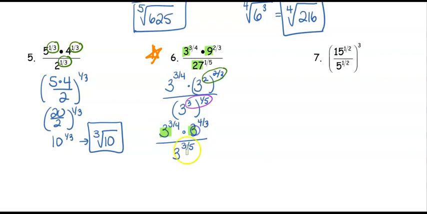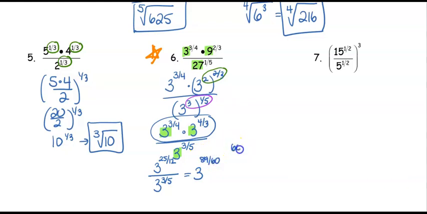Now they all have the same base. So on top, I'm multiplying like bases, which means I'm adding the exponents. When I add those exponents, I end up with 25/12. Now that I have the same base that I'm dividing, I'm going to subtract the exponents. 25/12 minus 3/5 is 3 to the 89/60, giving me radical form.